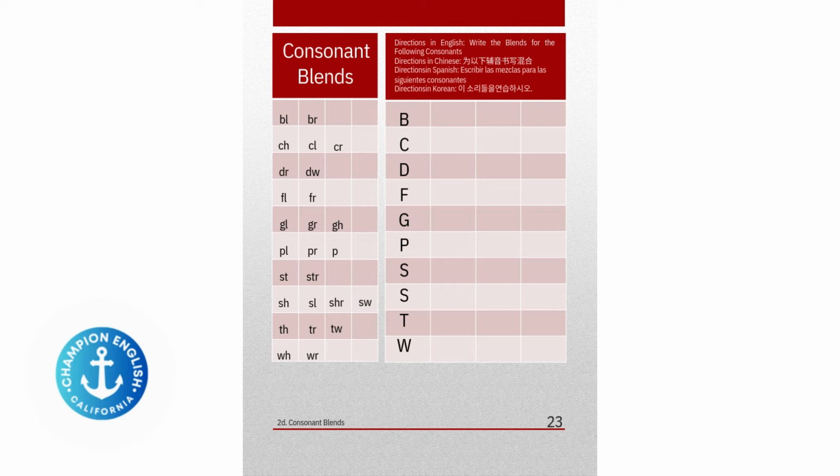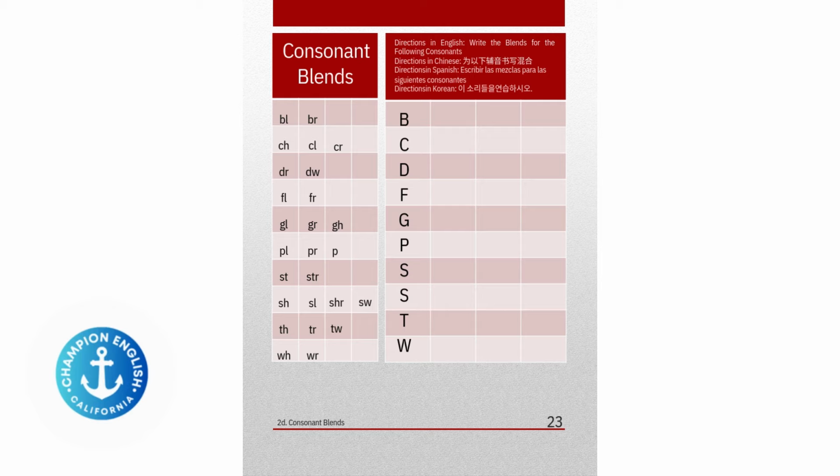So please go ahead and write down your dr and dwa for the d sound. Now we're going on to the fl, the f sounds. So go ahead and write down your fl and fr for your f sounds.